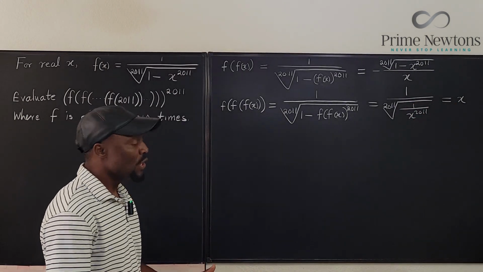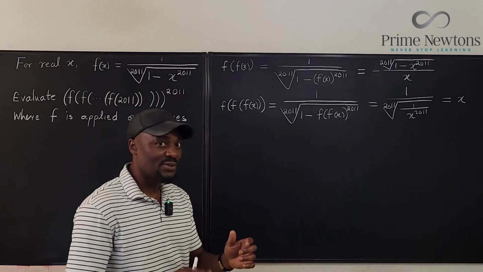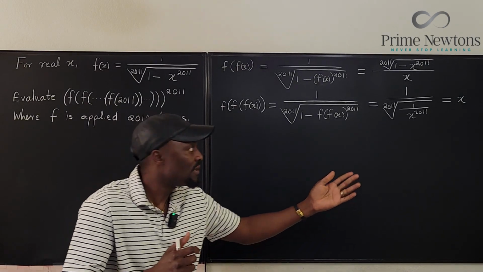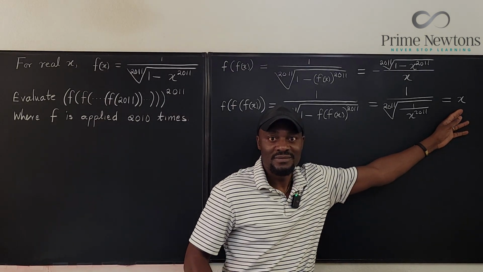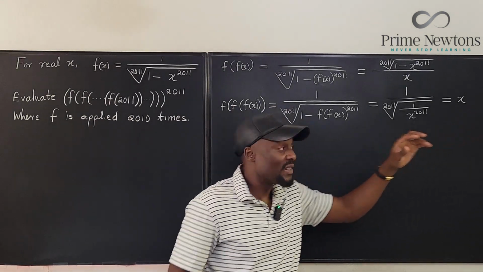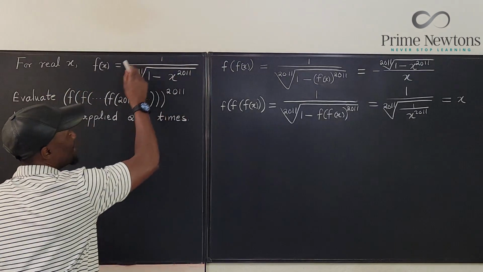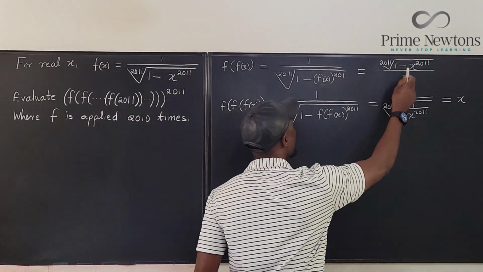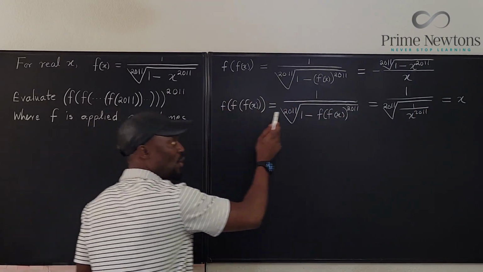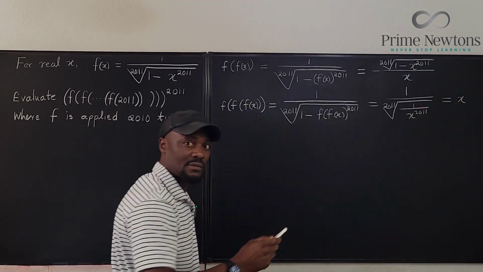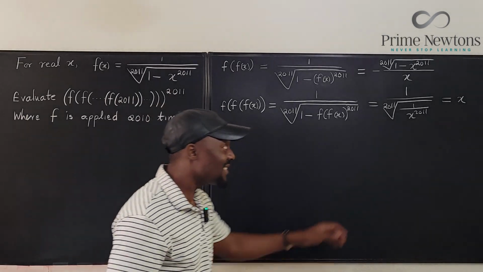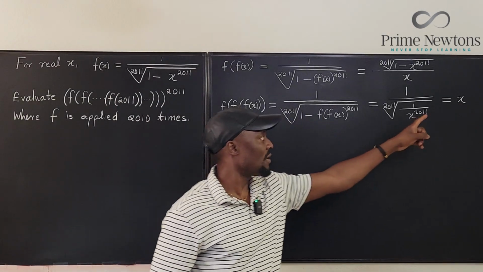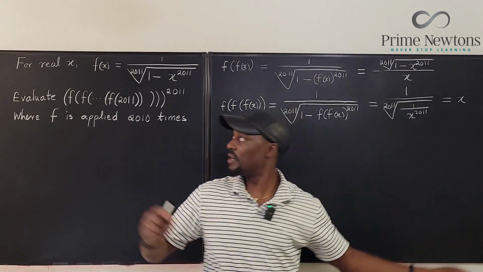So that's it. Do you notice that within 3 iterations of f being applied, we have come to the beginning? When you do it the first time, you're going to get this expression. When you do it the second time, you're going to get this expression. When you do it the third time, you're going to go back to x. And this is the simplified form. This is the easiest part. Because when you start from this again, you do f of x, you're going to get this.